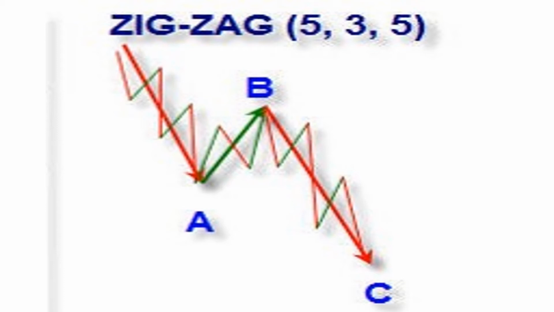If you zoom in, you'll see 5 waves for the A impulsive wave, then you have 3 waves for the B corrective wave, and then 5 waves for the C impulsive wave.